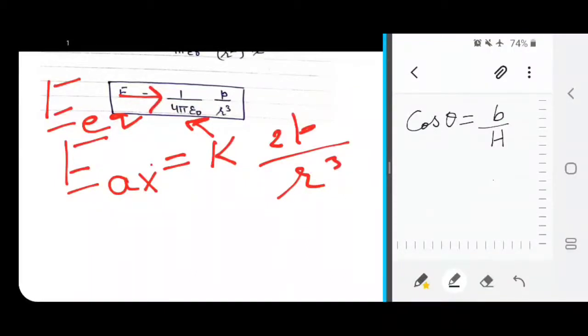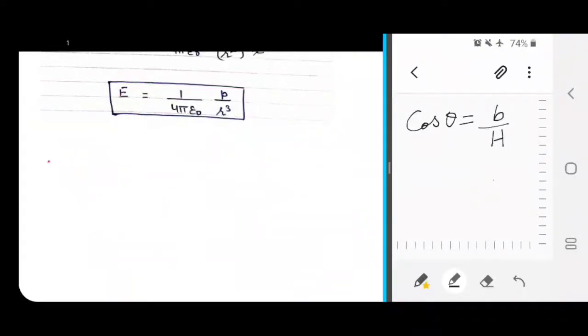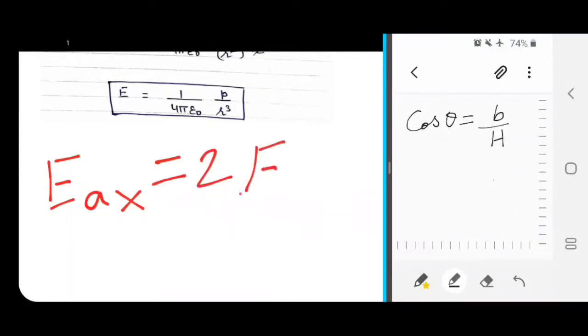So we have concluded that the electric field intensity due to an electric dipole at the axial point is 2 times the electric field intensity at the equatorial point at the same distance from the center. So always remember that E axial equals 2 into E equatorial for the same distance from the center of the electric dipole.